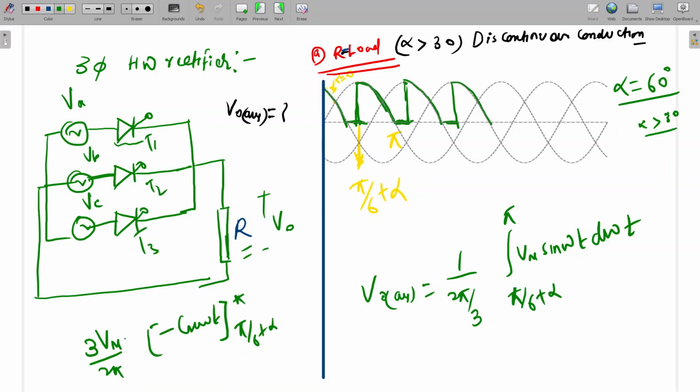Here Vm is usually the phase voltage. So VO average will be 3 Vm phase divided by 2 pi times 1 plus, since cos pi is minus 1 and minus minus becomes 1, so 1 plus cos of 30 plus alpha.